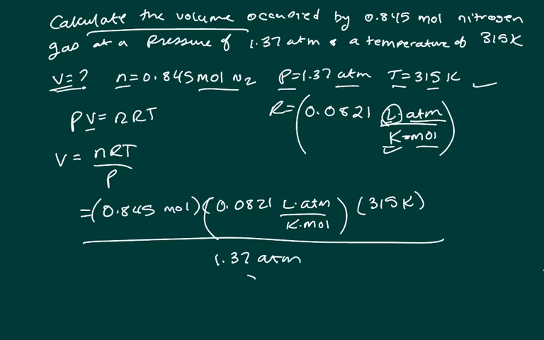Perfect. So check this out. The moles cancel, the Kelvins cancel, the atms cancel, and I'm left with liters, and liters is a unit of volume, so great. That means I'm doing it right.